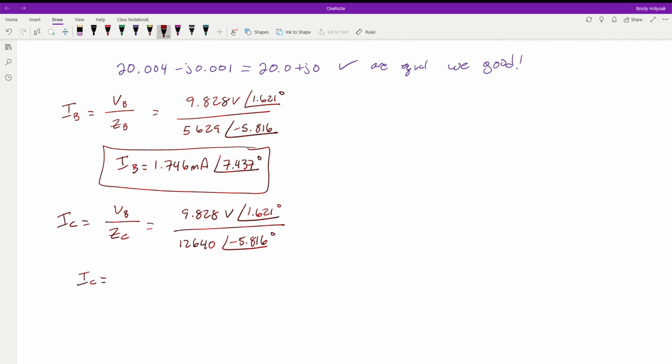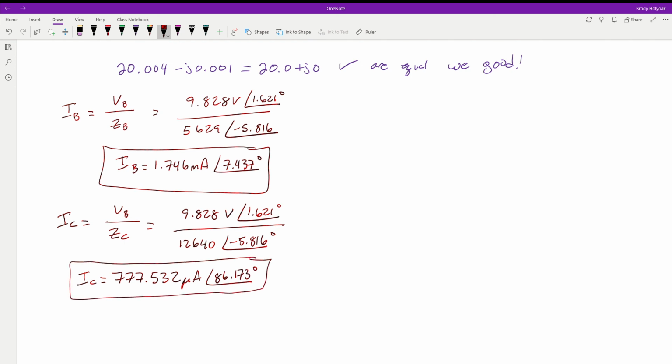That calculates out to be 777.532 microamps at an angle of 86.173 degrees. And that is our value.